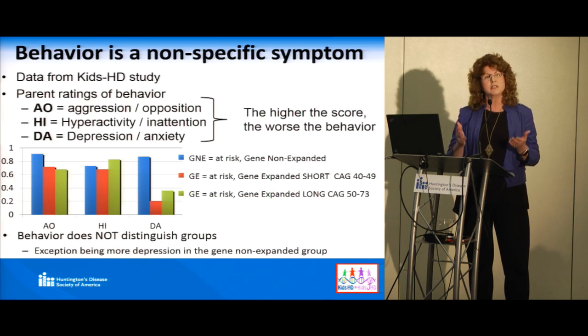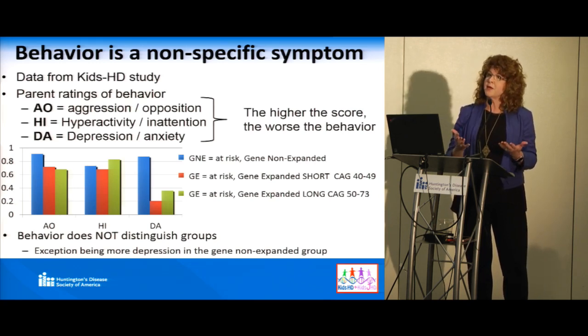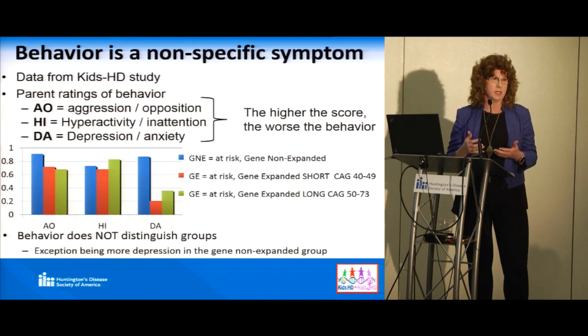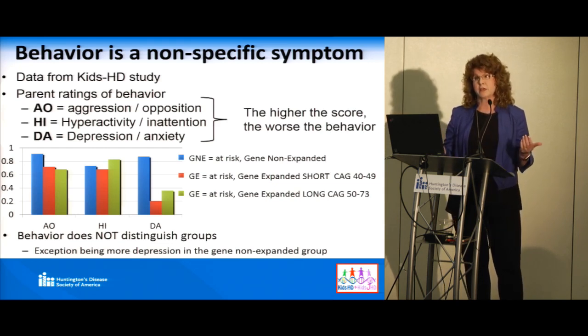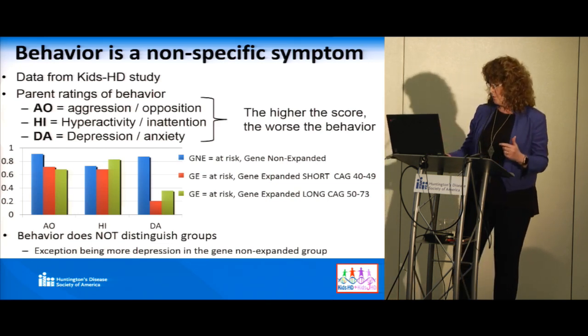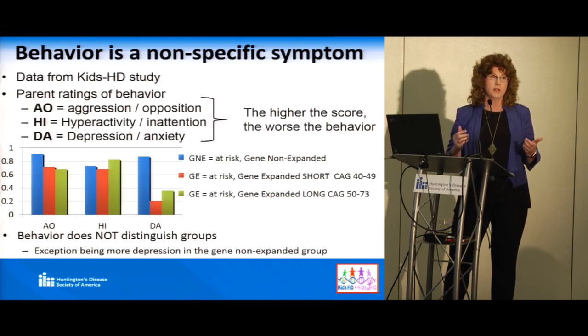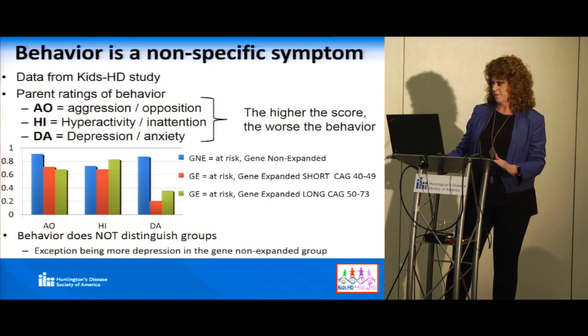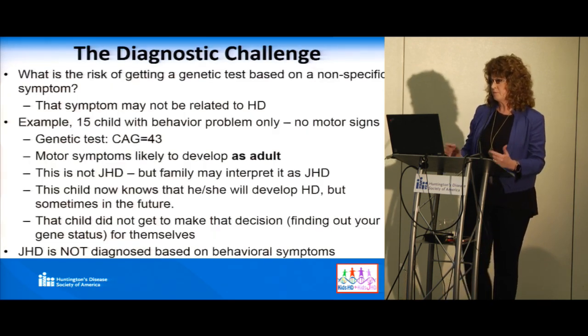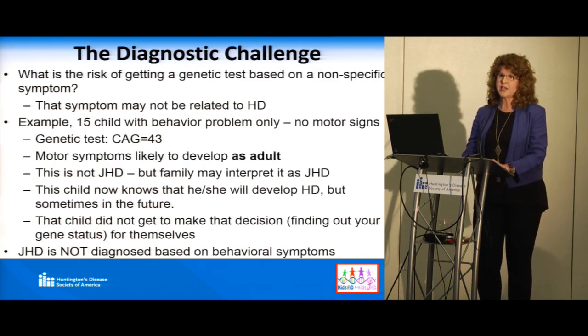And there's a lot of reasons for children to have behavioral disturbance, in particular in the environments that they may be living in within a Huntington's family. So whether you have the gene or not is not differentiating whether you have significant behavior problems. So behavior is a non-specific finding. It's not specific to kids who have the JHD gene or the HD gene. So that's the diagnostic challenge.